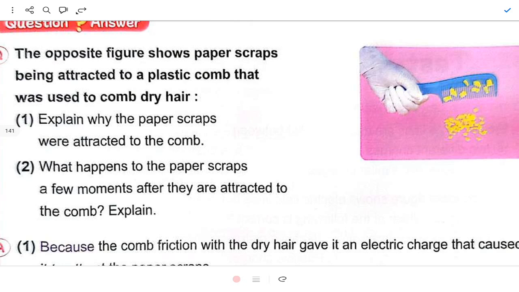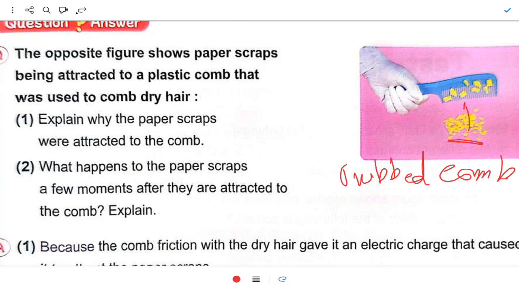This comb will be rubbed. So you have a rubbed comb. This rubbed comb is charged now. So if you bring it close, these scraps will be attracted to this comb.